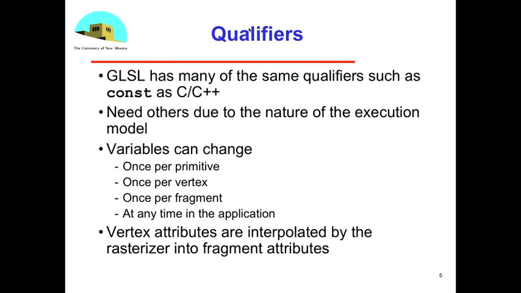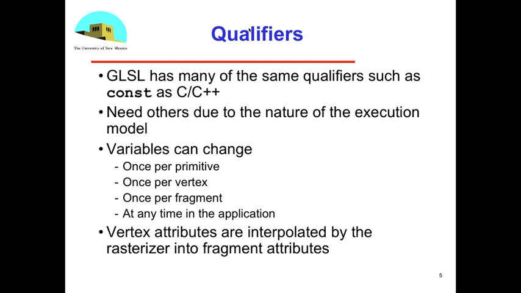Other times you want a separate color for each vertex, and many times you want a different color for each fragment. So the question is, how do we do that when functions can occur anytime within an application? The way we do that is to have a variety of qualifiers that say when things are allowed to change.